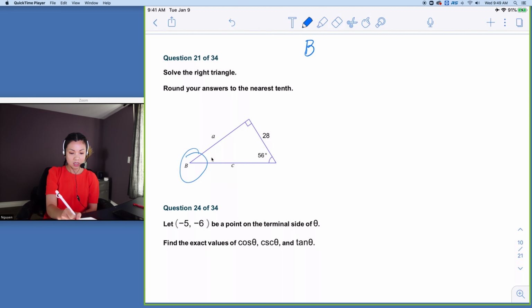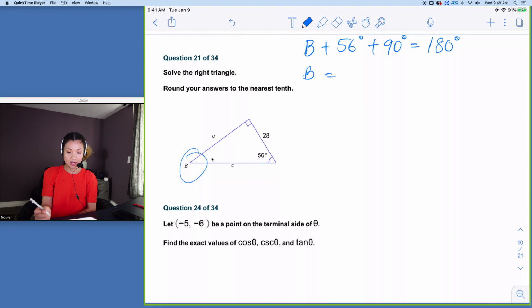So B, you add 56, you add 90, you should get 180. So to solve for B, I'm just going to take 180, subtract 90, subtract 56, which is 34. So we know B now. So angle B is 34.